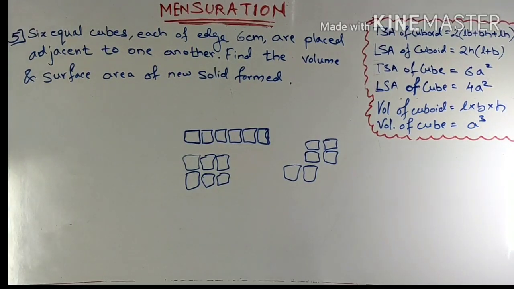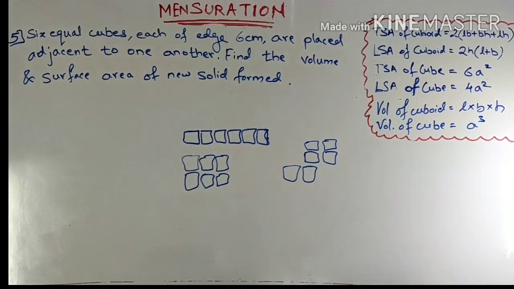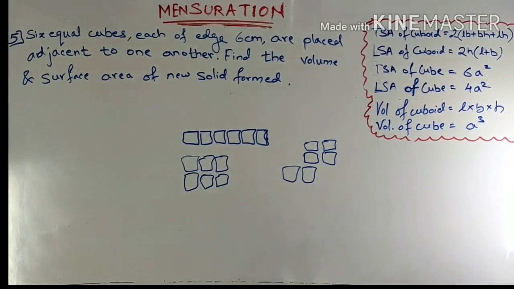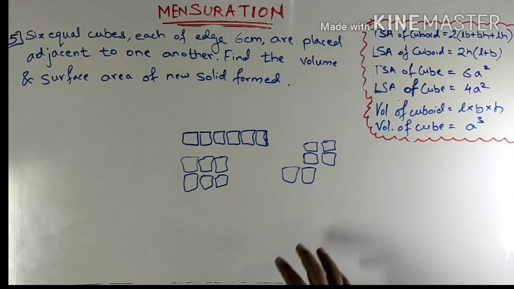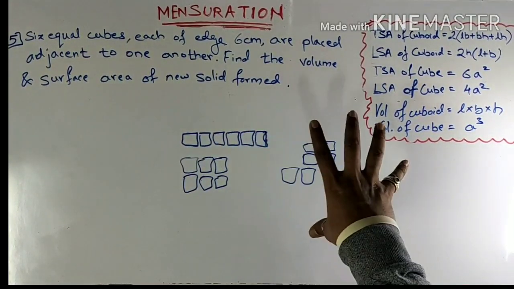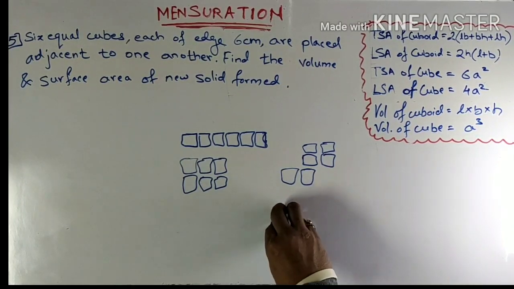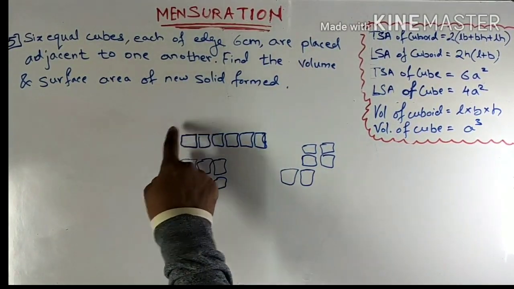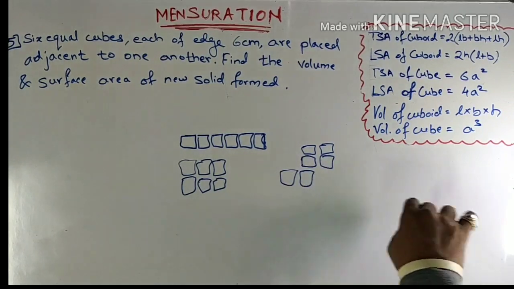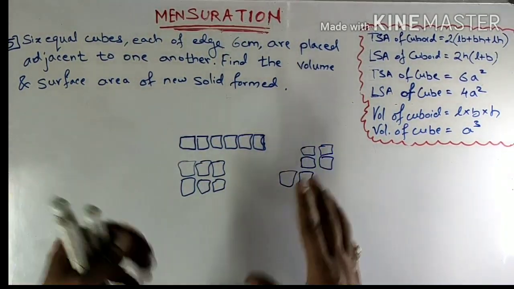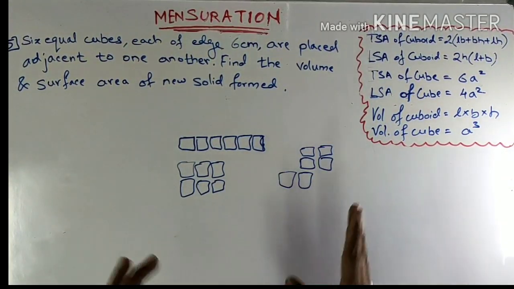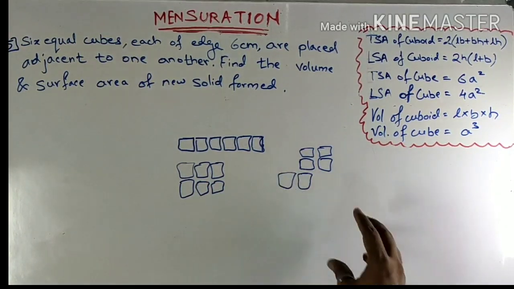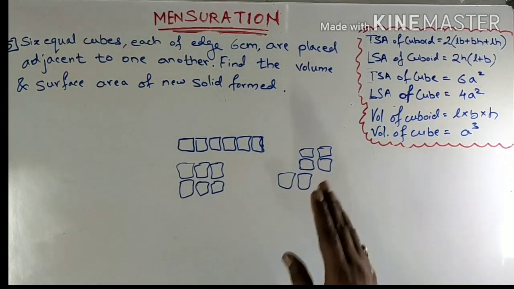But why did I discuss these new arrangements? Just to let you know that no matter what arrangement these cubes will be, the volume will remain the same, because I am not removing any of the matter from these cubes. So no matter in what arrangement I am arranging these small cubes, the volume will always remain the same.